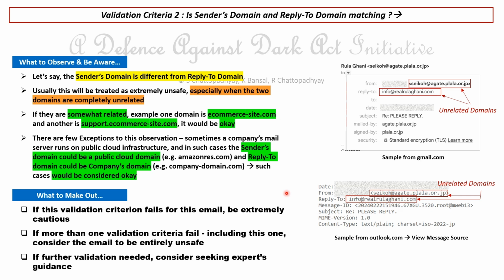If one or two criteria are not matching, or maybe something that is appearing to be not threatening, then it could require a manual investigation of a different nature. So let's continue looking at the other criteria, and then we'll summarize towards the end how you should look at these criteria in a holistic way.